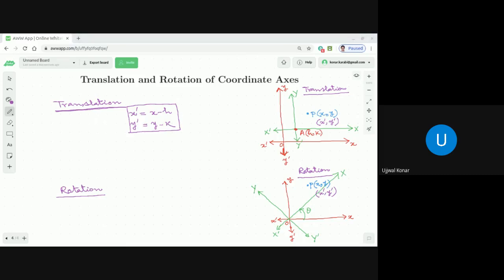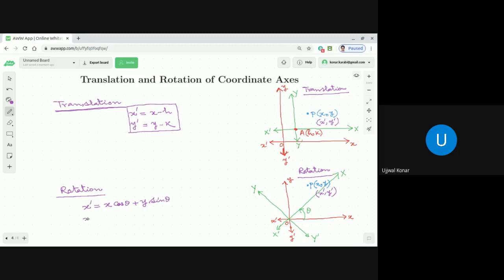So to find this, the new x dash becomes x cos theta plus y sin theta. X cos theta plus y sin theta.